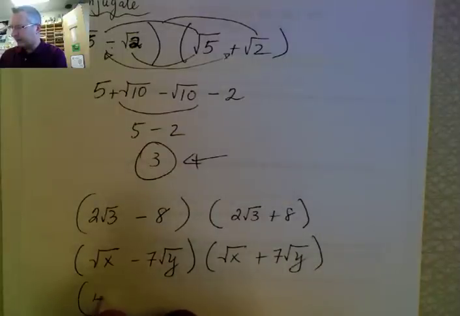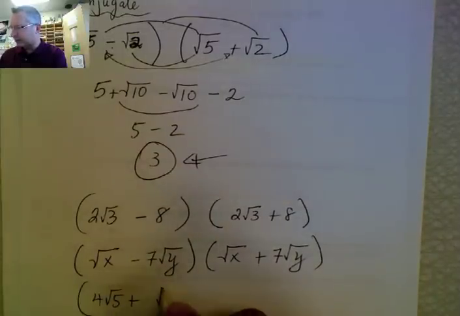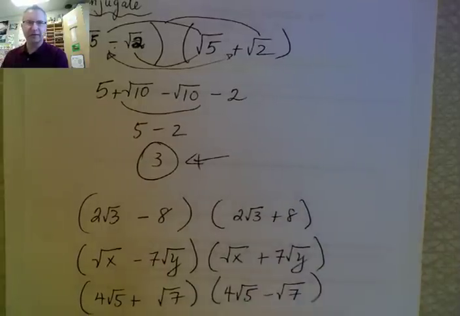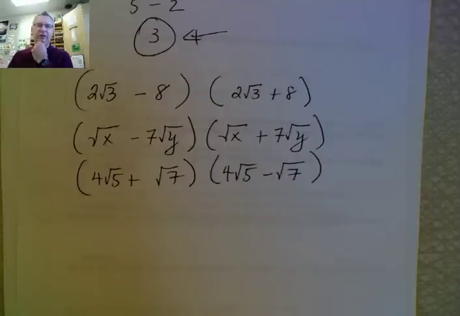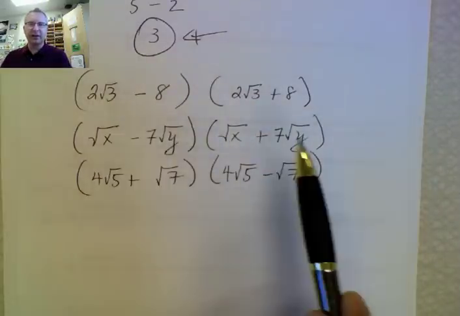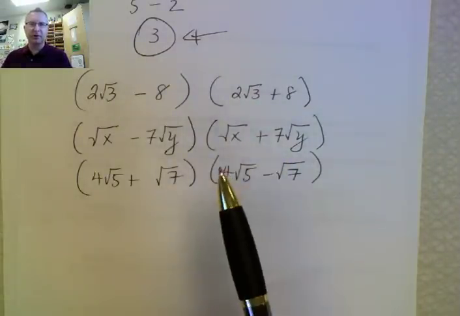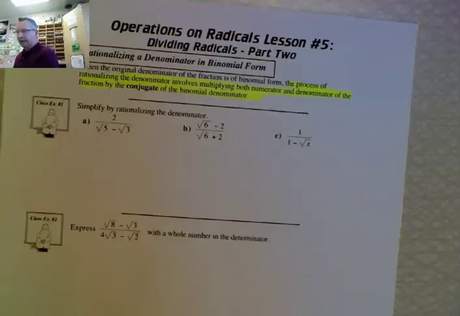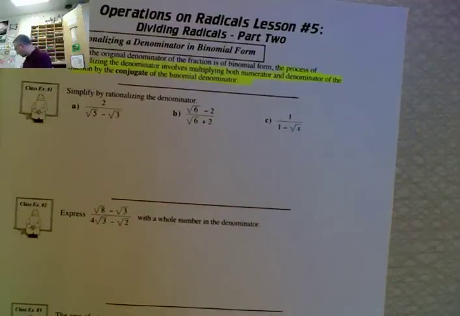If I have 4 root 5 plus root 7, its conjugate is 4 root 5 minus root 7. So there's a bunch of different conjugates, because the first thing you're going to have to do is come up with the conjugate before you can do any work in the problems that we're going to look at. So I'm going to grab a pencil here and we're going to get started.